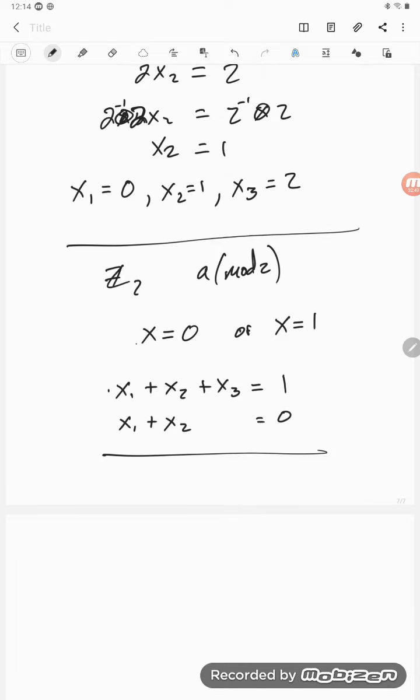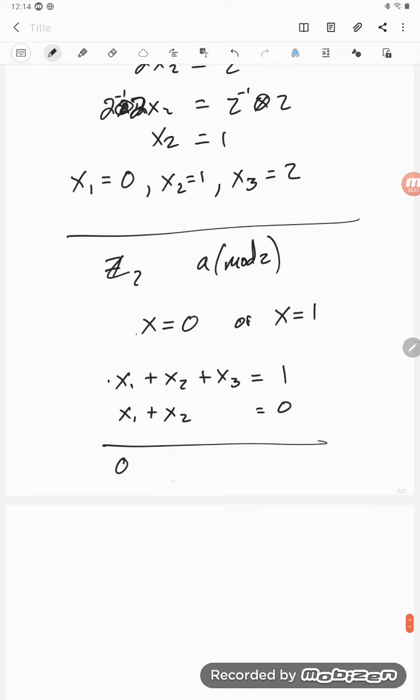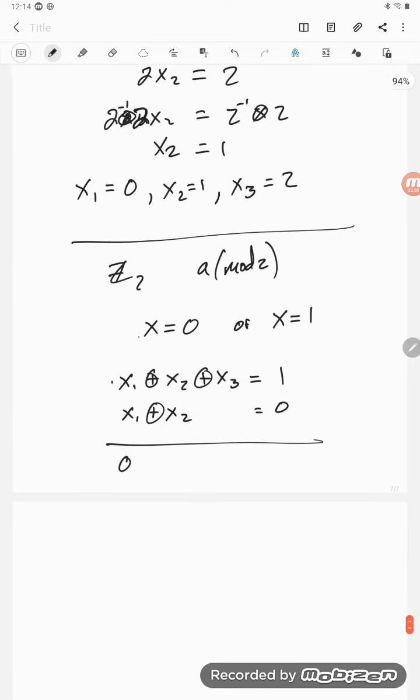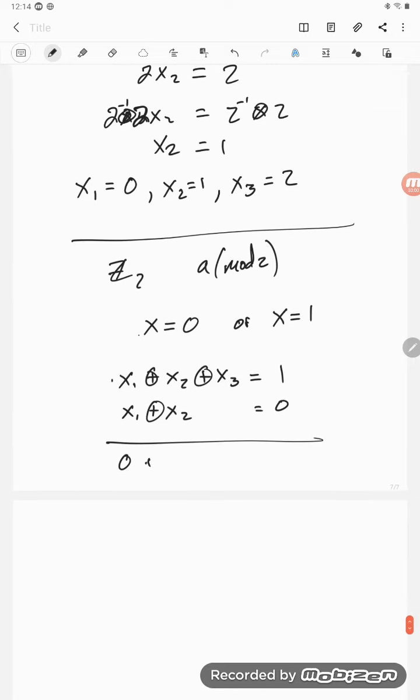Well, it's mod 2, so I get 0. So I'll get 0 there, and I'll get 0 again. And so here I will get my x3, and 1 plus 0 is 1. So x3 is equal to 1.